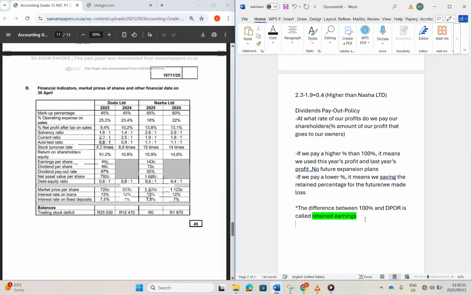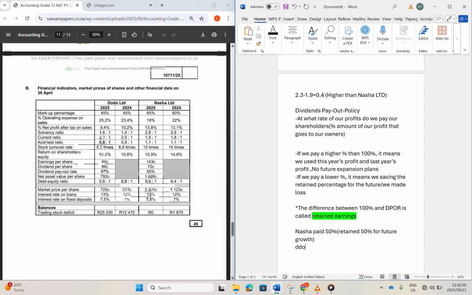So if Nasha paid 50%, which means they retained 50% for future growth or expansion. They retain 50%.